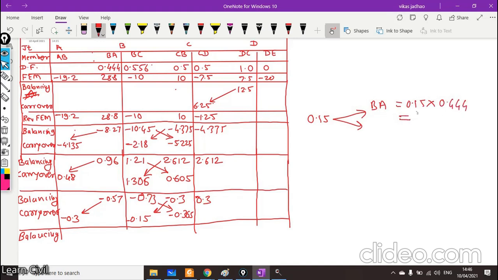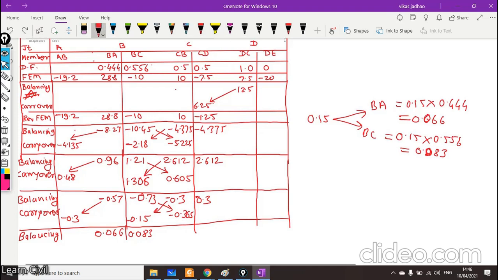So this is equal to 0.066. So write down here 0.066. Okay, and BC will be sharing 0.15 into 0.556. So this will be equal to 0.083. So write down here 0.083.